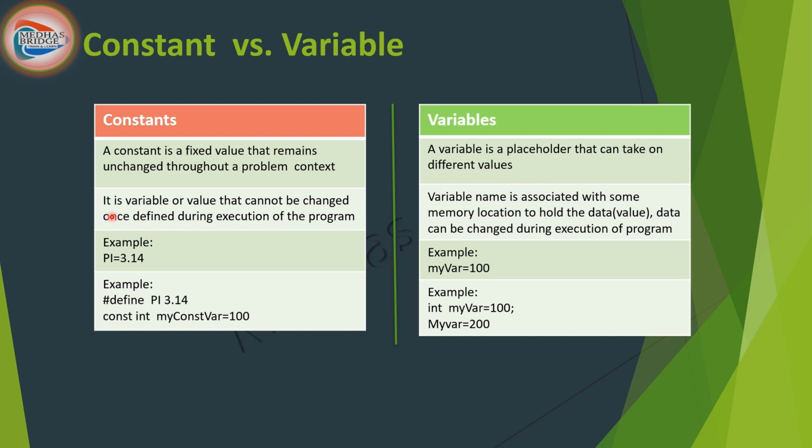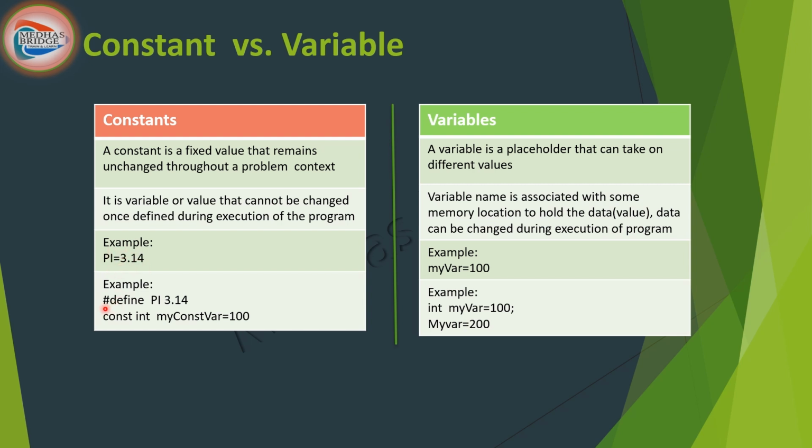So if you look at constants, they are values that cannot be changed once defined during the execution of the program. For instance, pi equal to 3.14, right? You can define these in two ways.